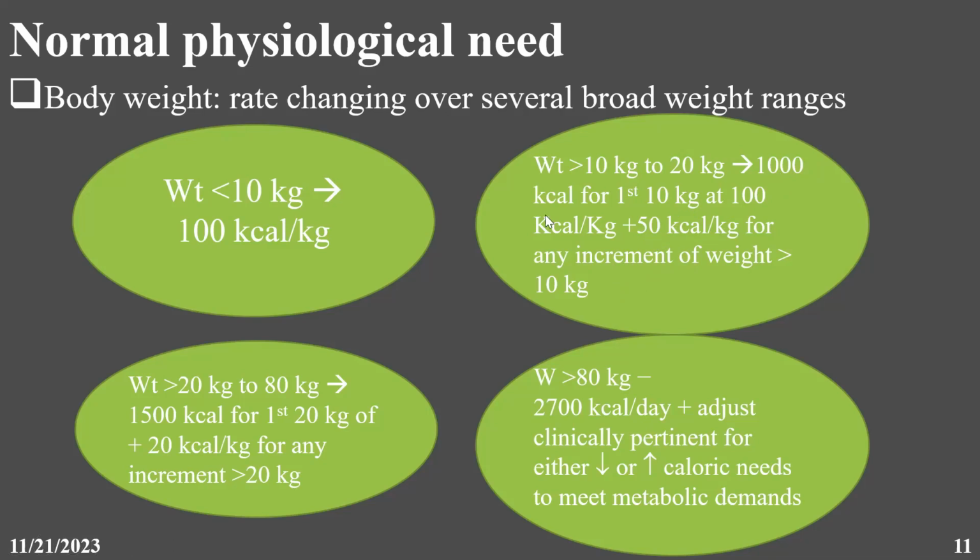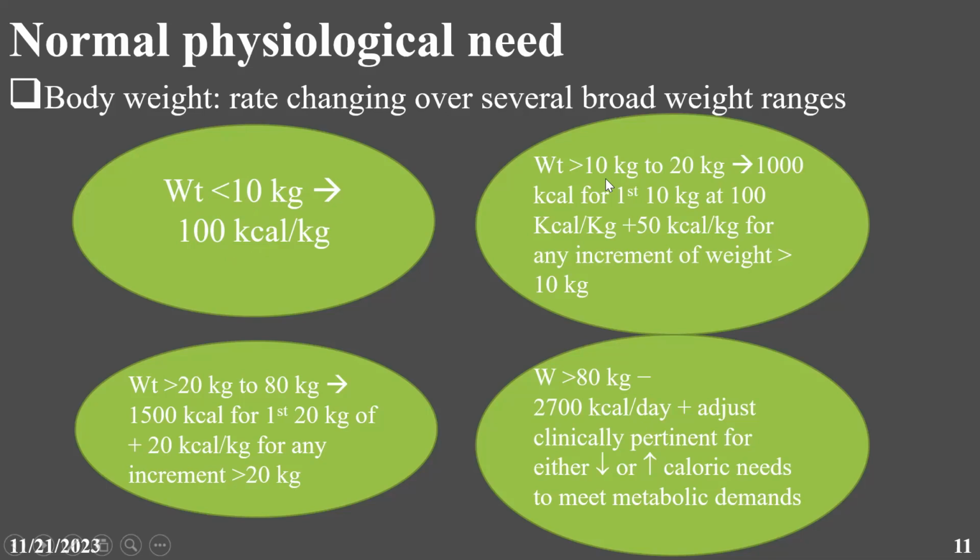First 10 kilo, 100 kilocalorie per kg. Anything above 10, so let's say 12, means 2 above 10. Let's say 13, means 3 above 10. Let's say 16, means 6 above 10. So for weight less than 10, it's 100 kilocalorie per kg.